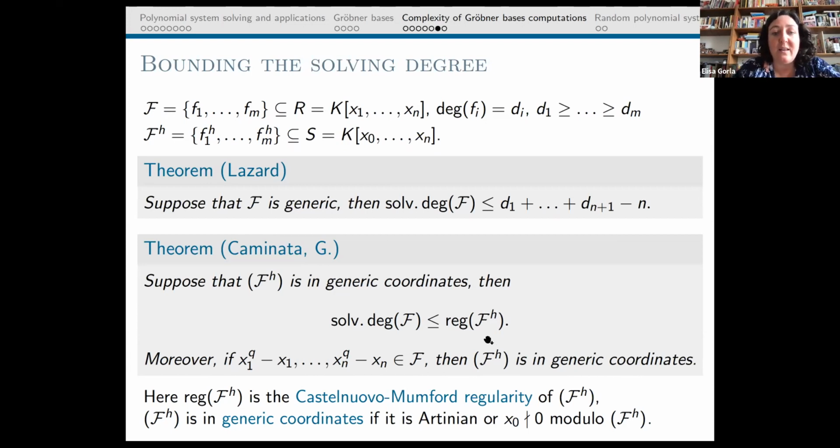If F is not homogeneous, I wouldn't even know how to define it. There is no regularity of F if it's not homogeneous.